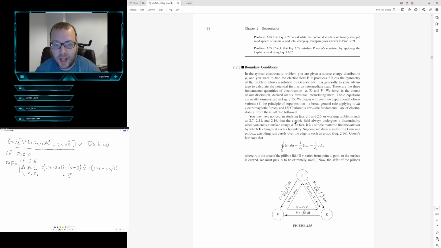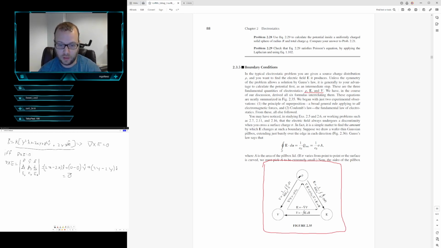So looking at Gauss's law, there are 3 fundamental quantities. We have charge distribution, the electric field, and the electric potential. And we can go from any one of these quantities to any other quantity using this triangle here.